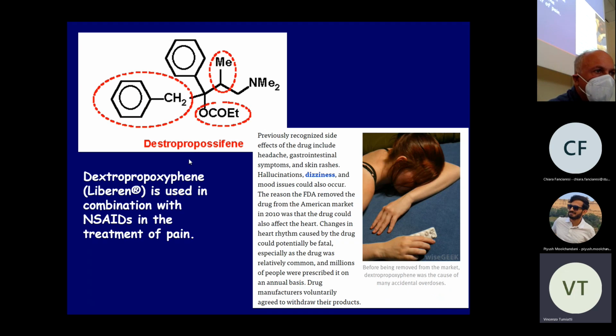Okay, another compound was dextropropoxyphene, but now it's not on the market, and so it's not important. The FDA removed this drug from the market because it had a severe side effect on the heart, and so it was withdrawn.